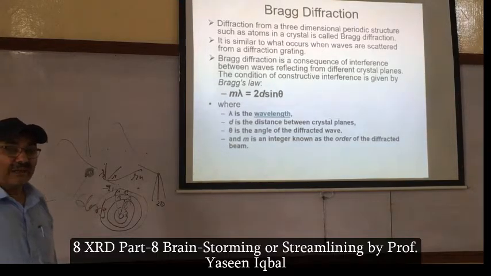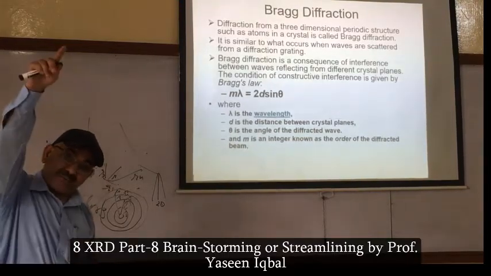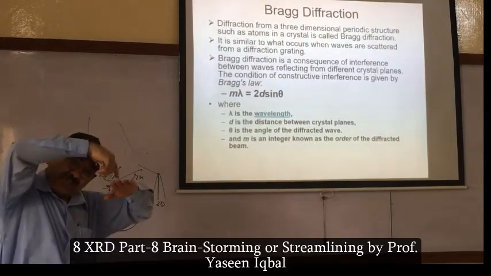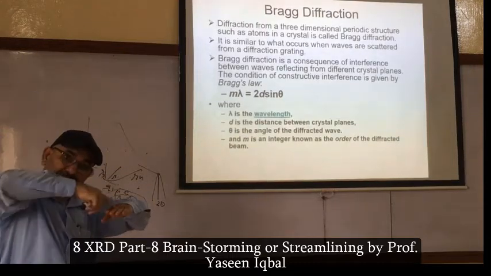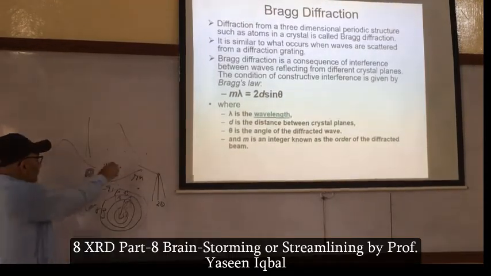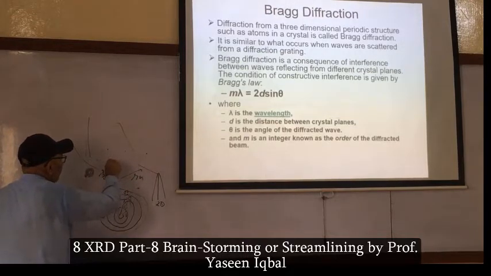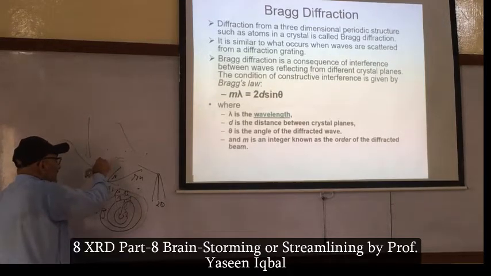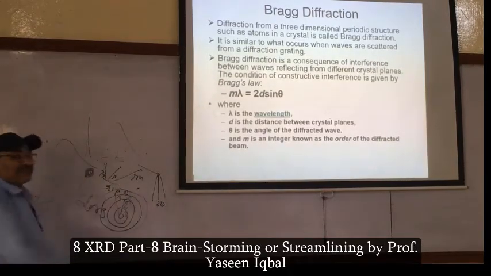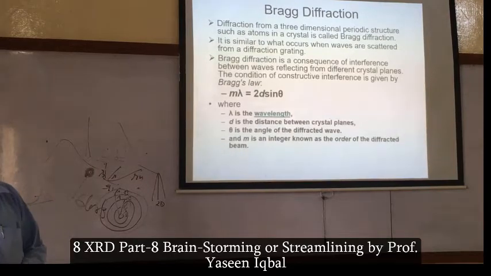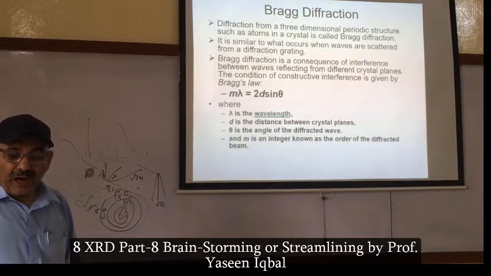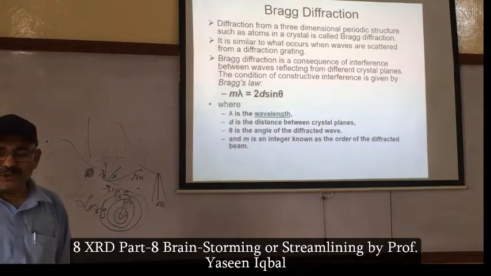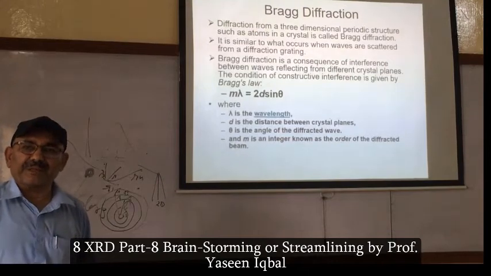So the angle between the incident and the diffracted beam is 2 theta, but the angle of the plane in the diffracted beam is, this is the plane and this is the diffracted beam, so this angle is theta. When this angle of incidence is added here, then the angle between these two becomes 2 theta. Right? And m is an integer known as the order of the diffracted beam.